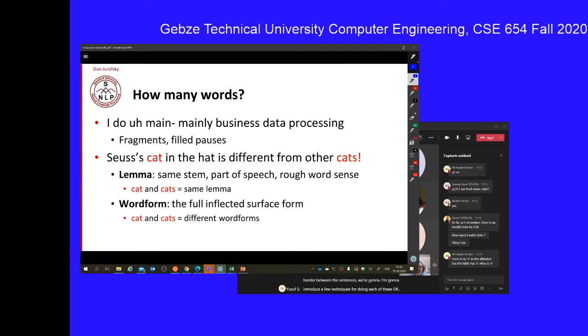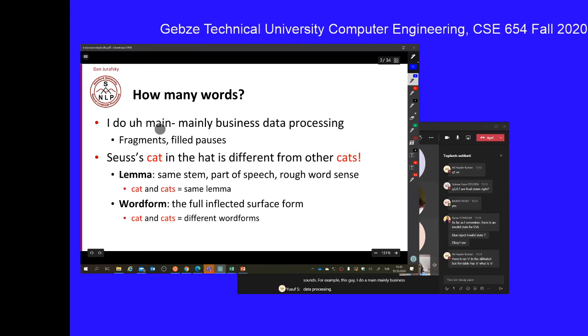Sometimes doing this is very difficult, especially for spoken language. When I talk in English or Turkish, I most of the time say "o", "ü", those kinds of filler nonsense sounds. For example, "I do mainly business data processing."